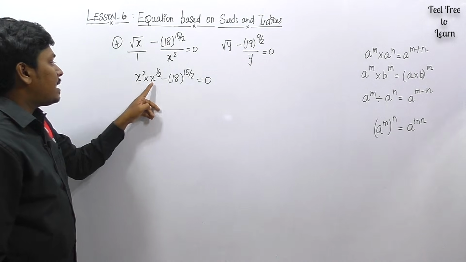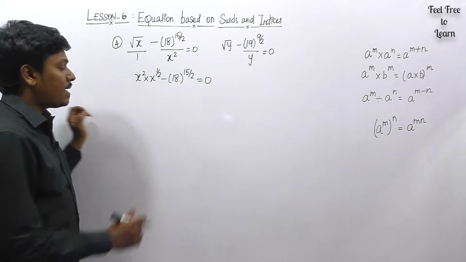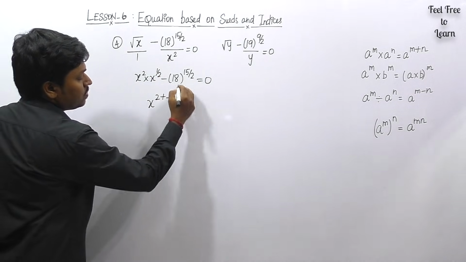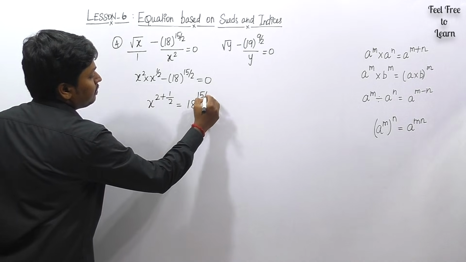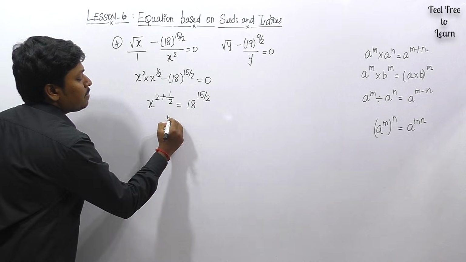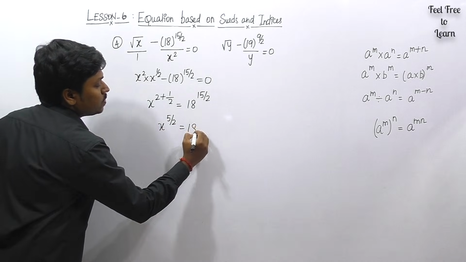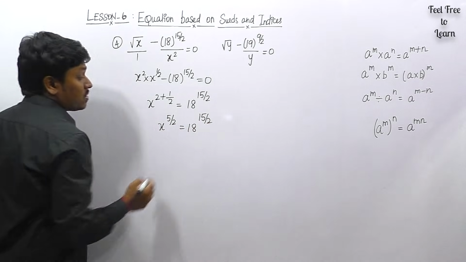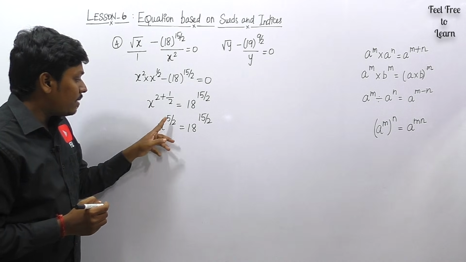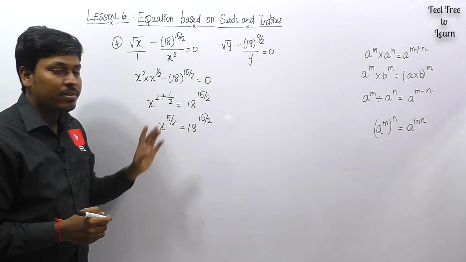A power m into a power n will be a power m plus n. So we need to add both the numbers, that is 2 plus 1 by 2, is equal to 18 power 15 by 2. So 2 2s are 4, so 4 plus 1 will be 5. So x power 5 by 2 is equal to 18 power 15 by 2. So friends, listen carefully, one of the most important steps.